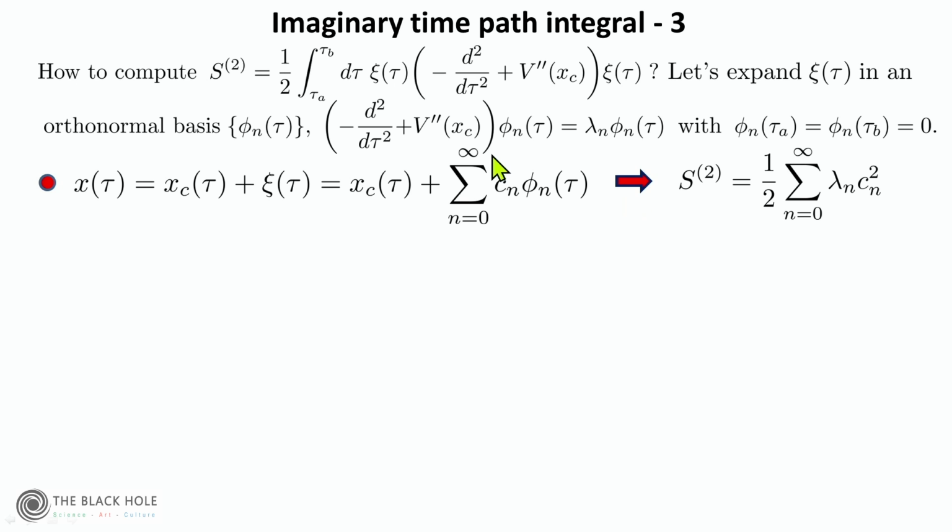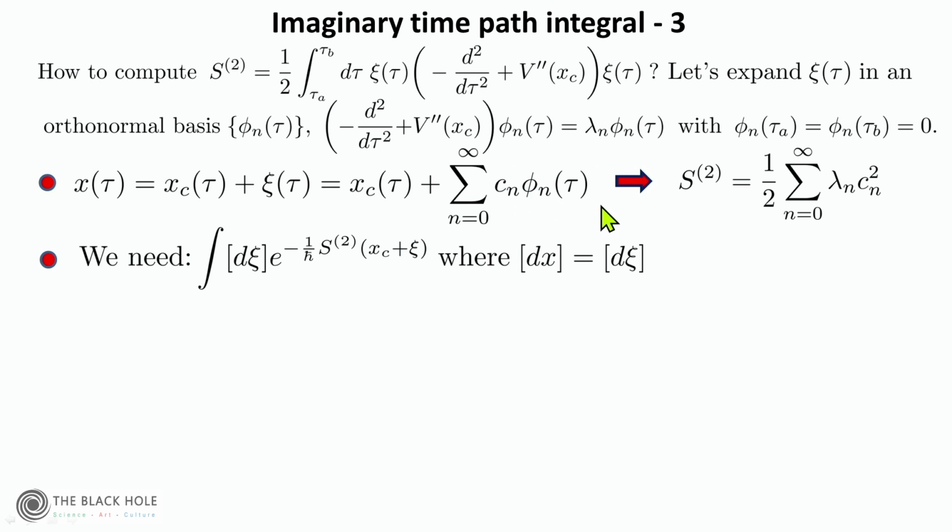What are Cn? Cn's are the coefficients of the orthonormal functions. Okay, so now we need to do this functional integral. And remember that this d xi came about because d xi and dx were the same, and Feynman told us we have to integrate over all possible paths.